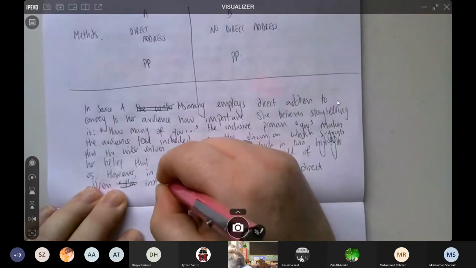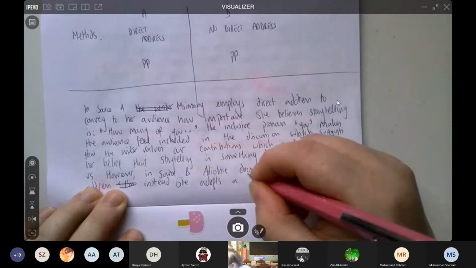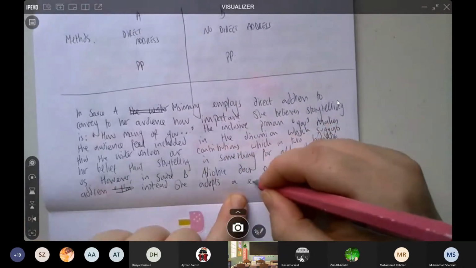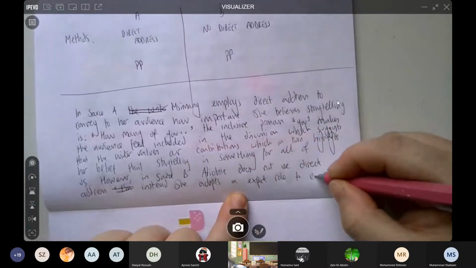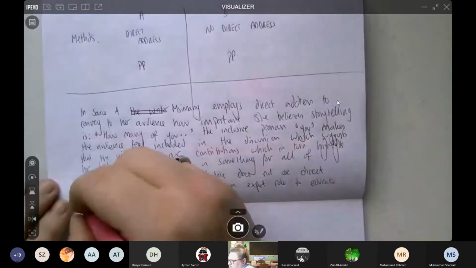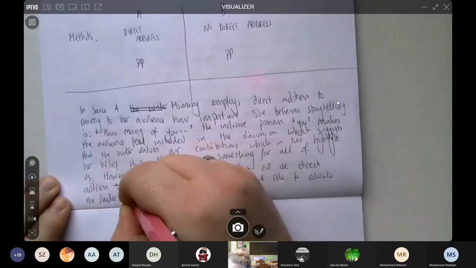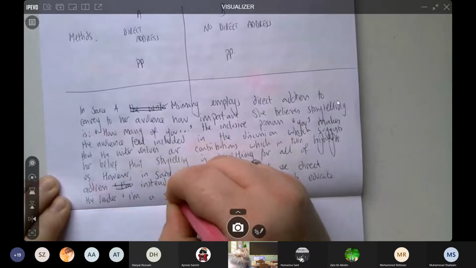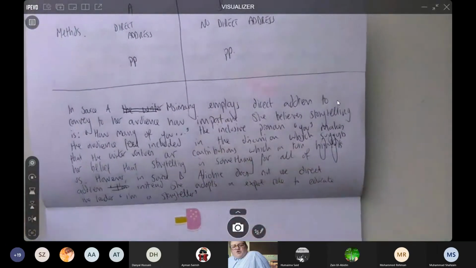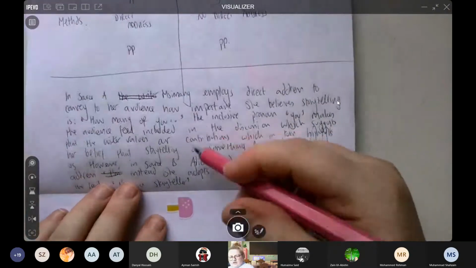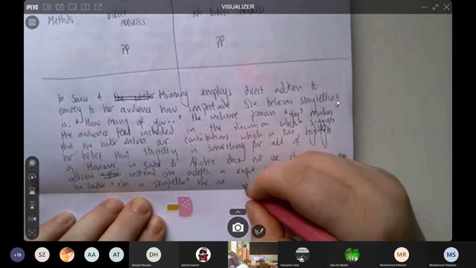Instead, she adopts an expert role to educate the reader. I'm a storyteller. And then we need to zoom in on the method that's being used. So we might say the use of the declarative statement.